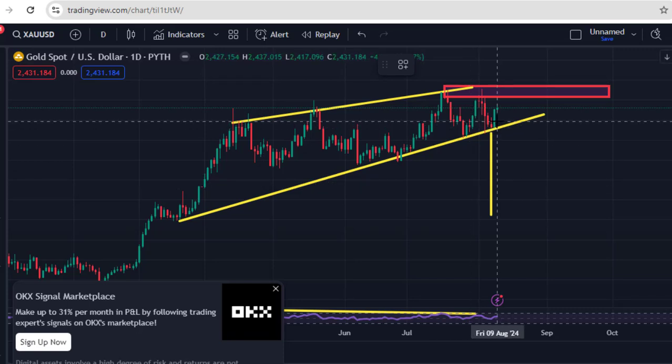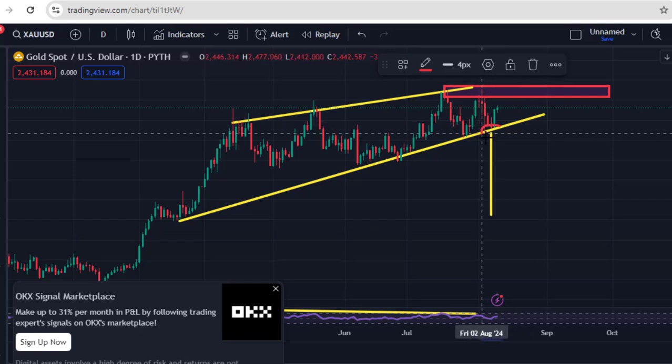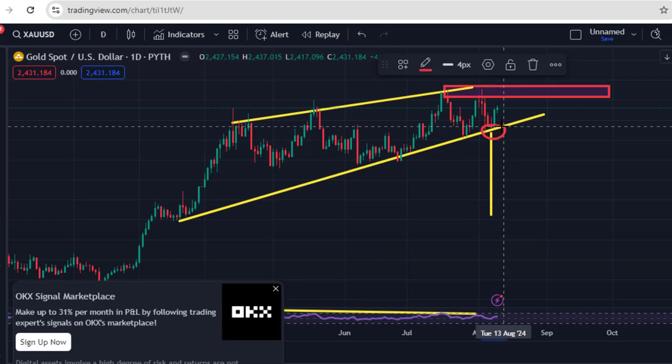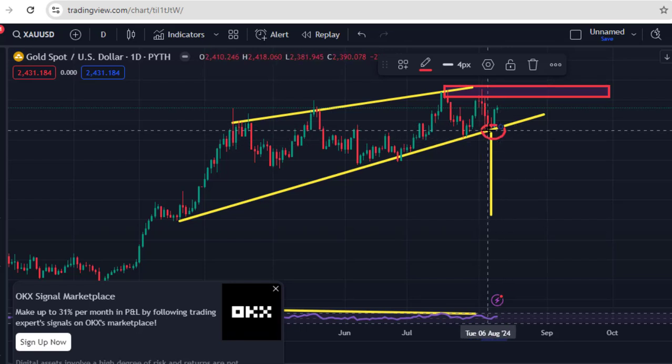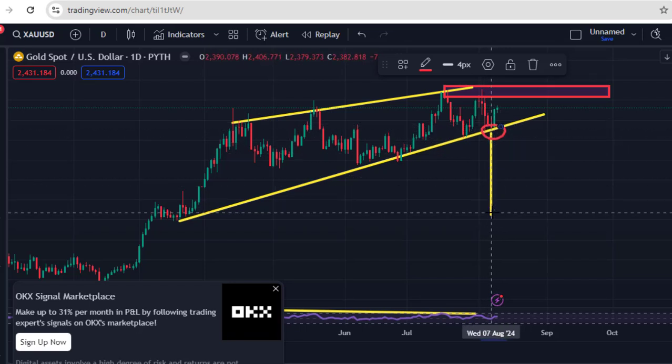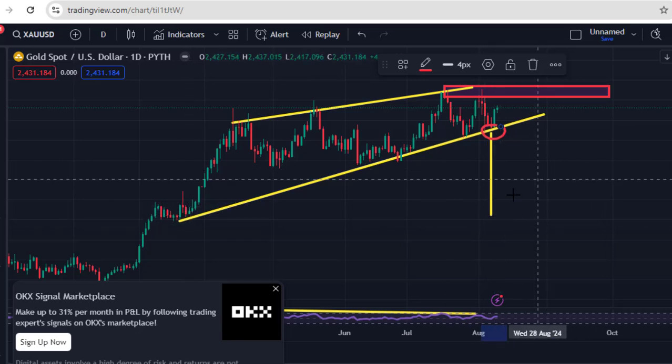So what we need to wait for right now to confirm this very bearish divergence is a breakout of this important support trend line. And once we see the breakout on this support trend line, the market is going to come back down into this very level of support before we can see any move to the upside.